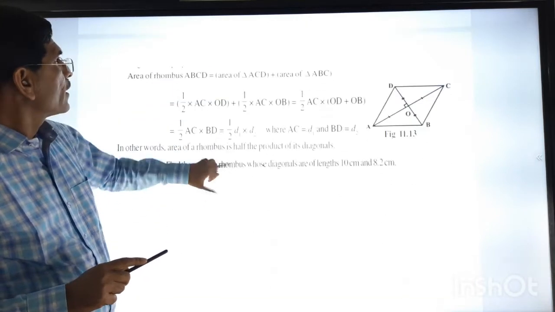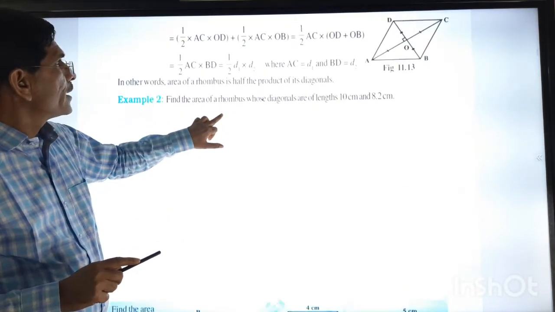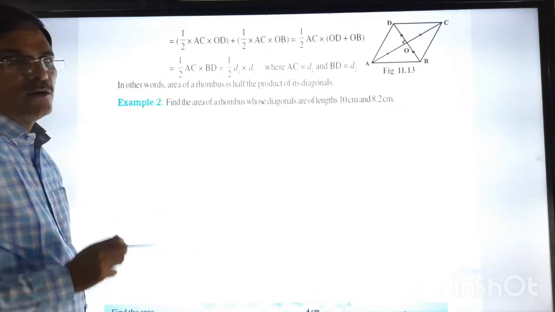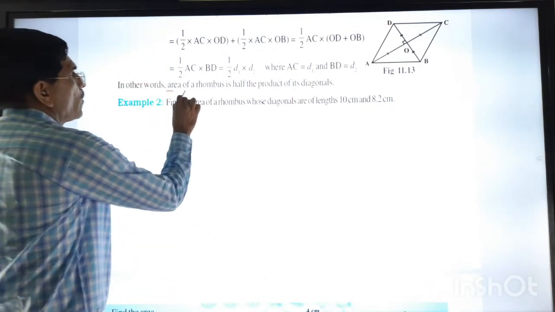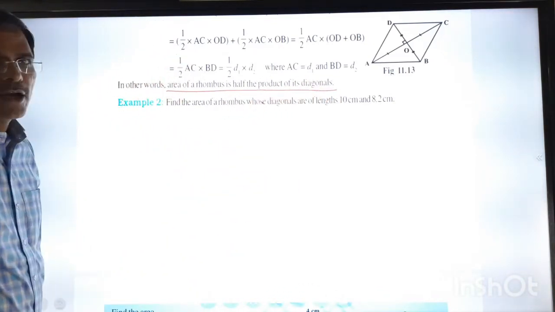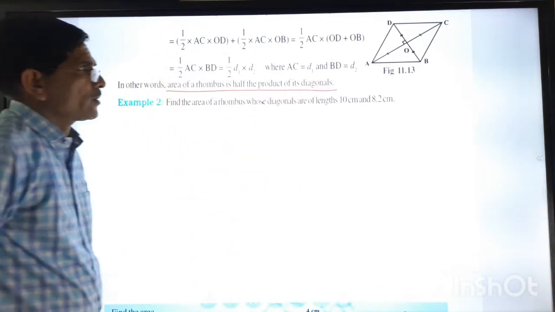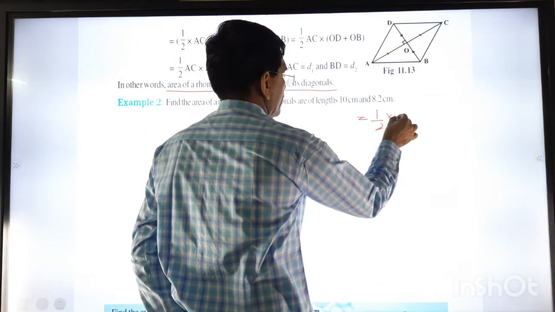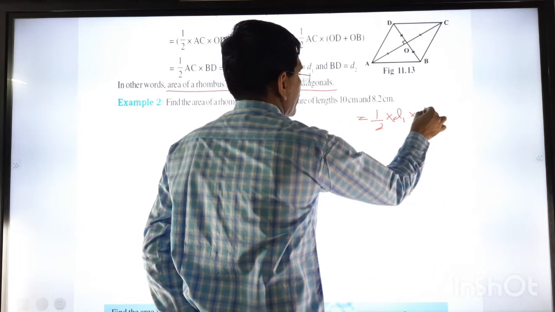So three formulas we have learned. Now the area of rhombus. What is the area of rhombus formula? Half into the product of diagonals. In the product of diagonals we can write d1 multiplied by d2.